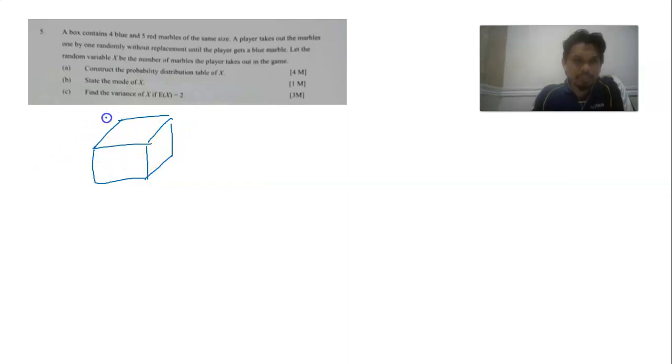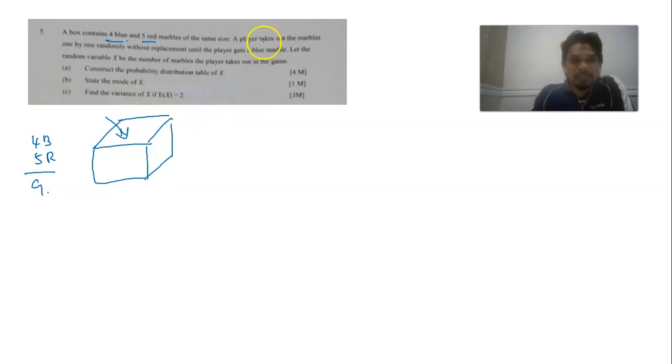Just imagine that inside this box there are 4 blue marbles and 5 red marbles, where the total is 9.